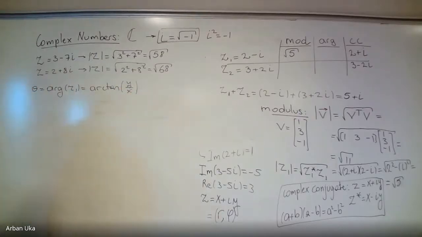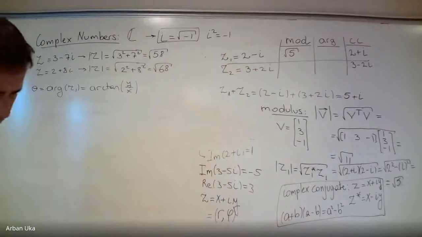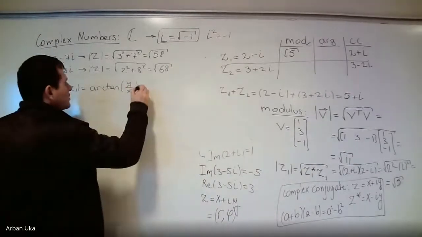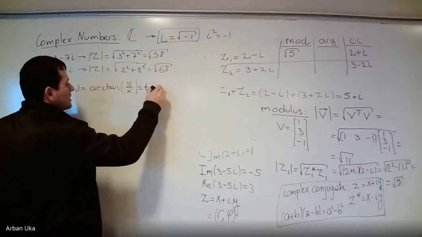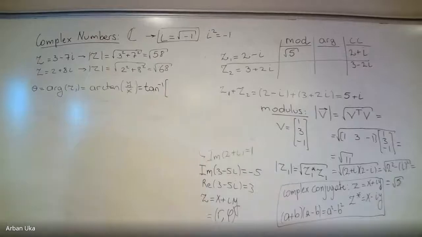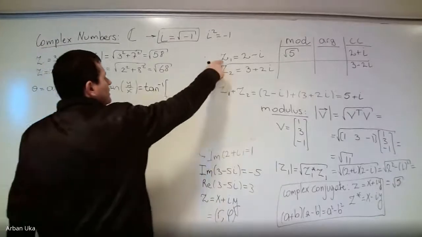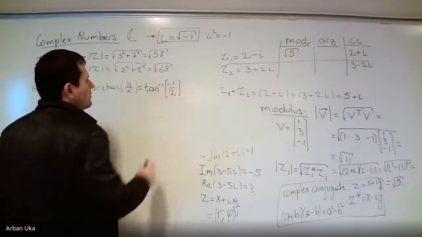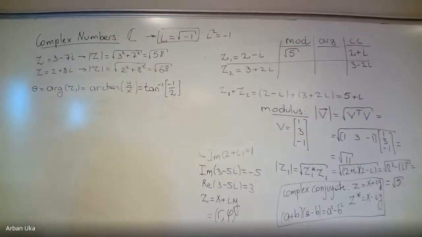Okay, so this is how we find the argument. In this case, arc tangent is tangent inverse of which numbers? So what is y for Z1? Minus 1 over 2. So what is the angle whose tangent inverse is -1/2?